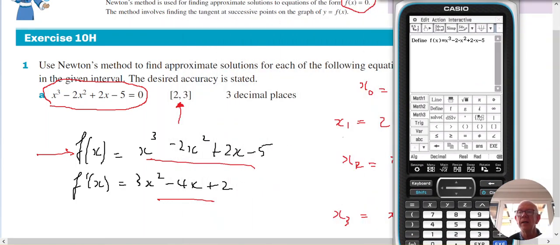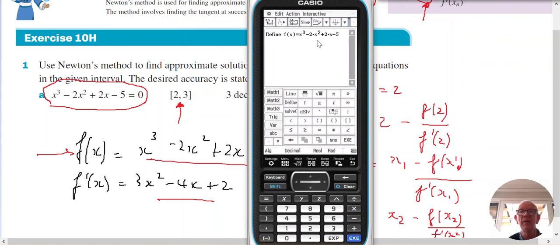I've got my f of x defined, and if I press exit, okay. I'm now going to say that my first answer is 2. And then I'm going to say my next answer is x minus, open up a fraction, f of x.